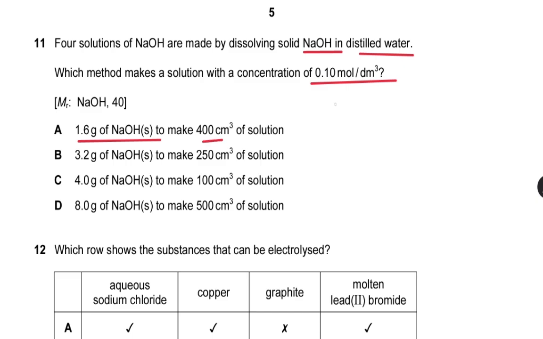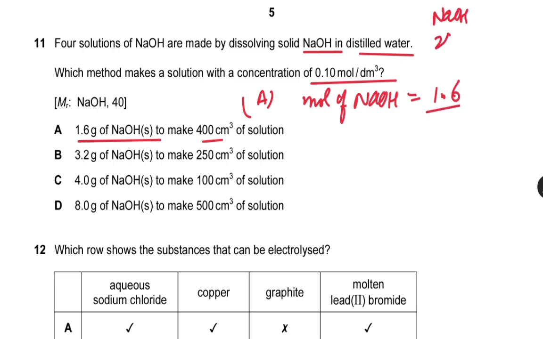First of all we will calculate the moles of NaOH. A part, 1.6 gram of NaOH. For NaOH Mr is 23 plus 16 plus 1, answer will be 40. So 1.6 divided by 40, we get the answer 0.04 mole.